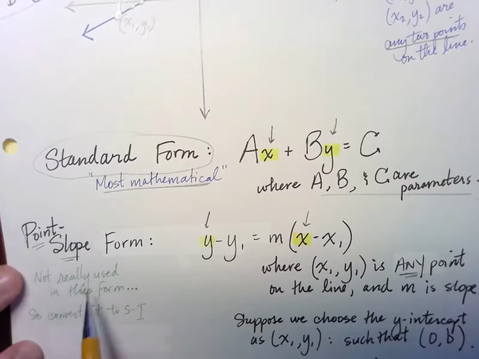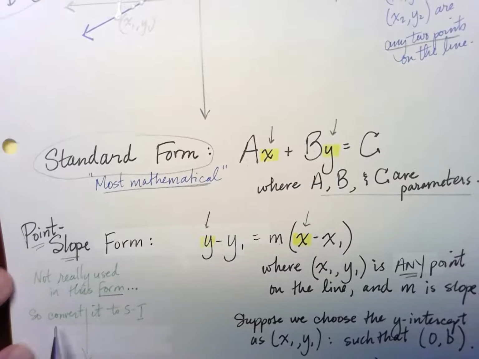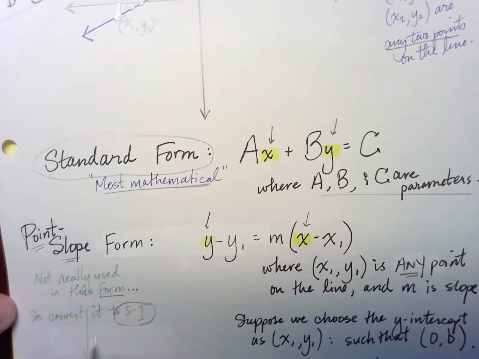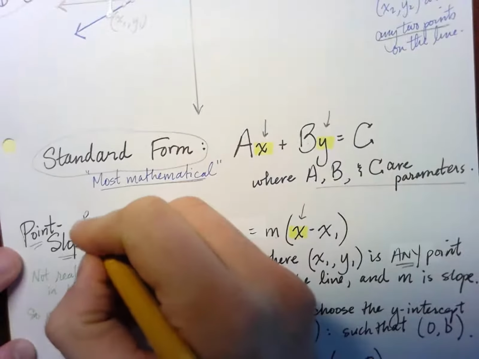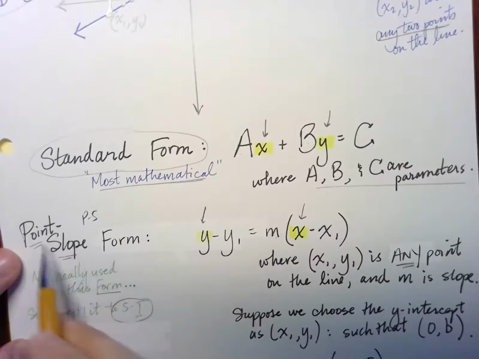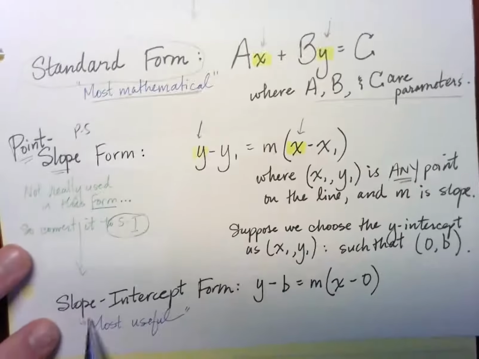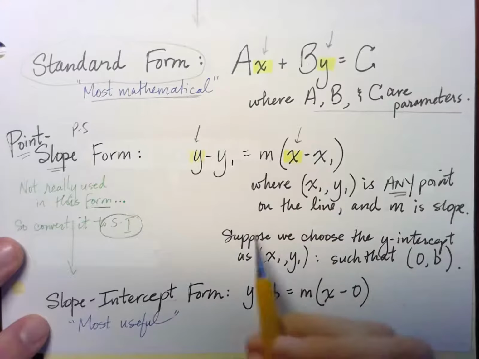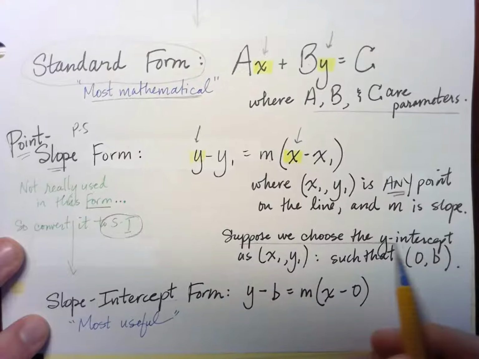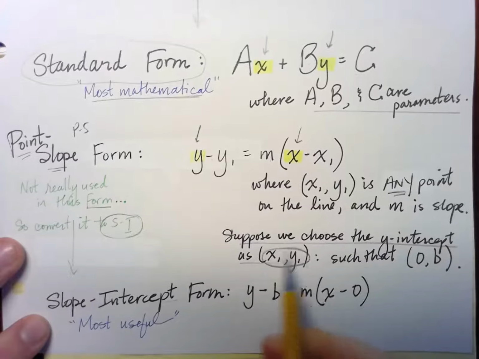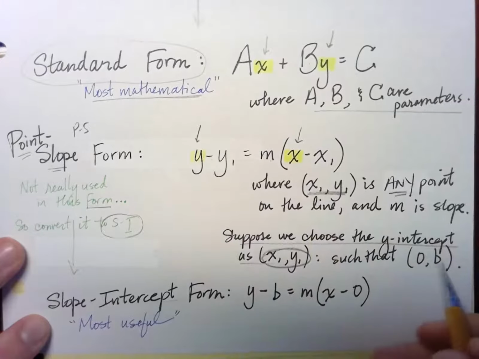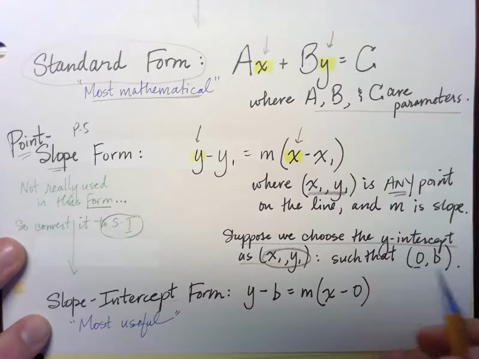So this form is not really used as it is. We convert it to SI, slope-intercept form. By the way, I use the letters PS to abbreviate point-slope, and SI to abbreviate slope-intercept form. Suppose we choose the y-intercept as the point I was talking about, such that we have some point 0, comma b.